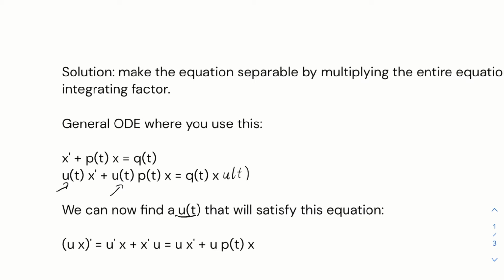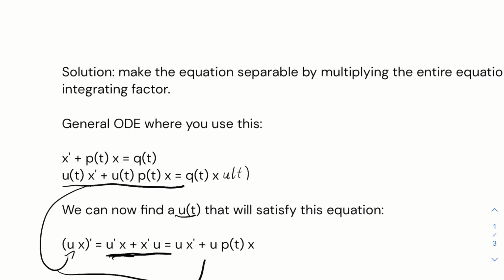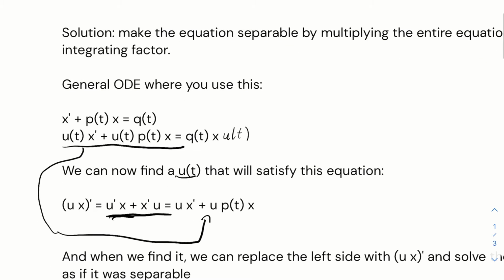Essentially you try to get this side of the equation equal to u times x prime, which by the product rule is going to equal that right there. You try to constrain it such that you do that.